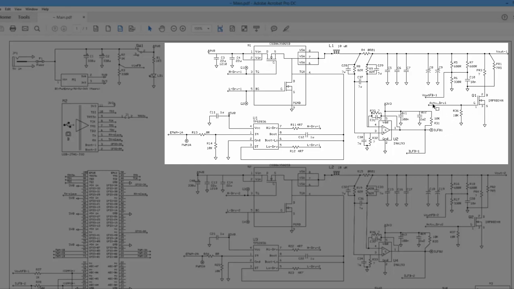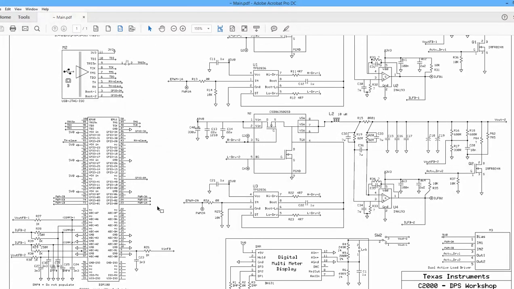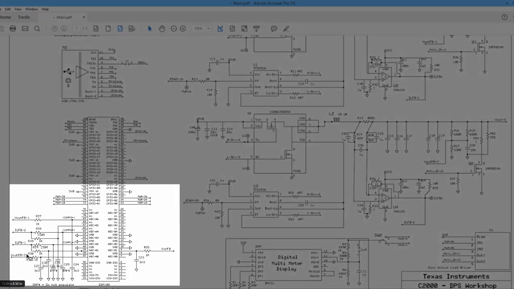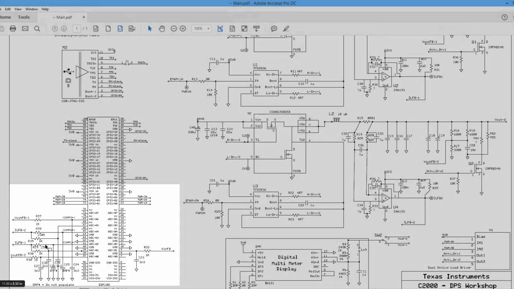The output voltage measurement goes in here, which is channel 6 of the ADC. The current measurement is going to channel 1, which is a slower measurement, and channel 2 of the ADC, a faster measurement there.